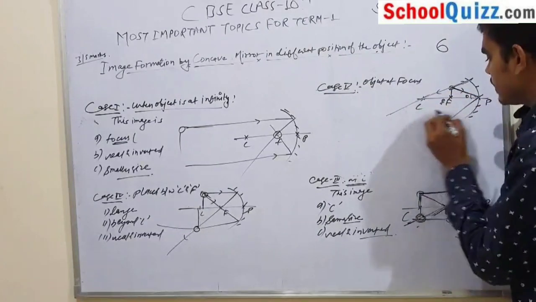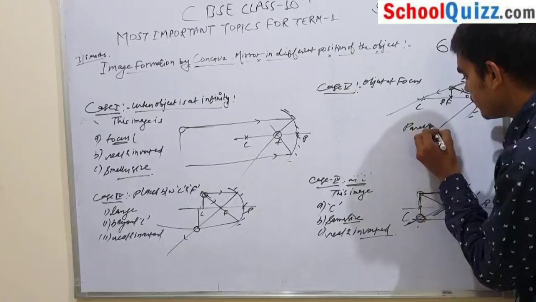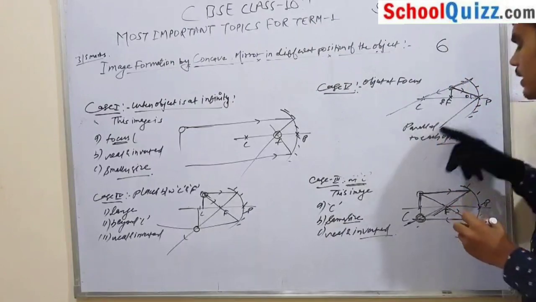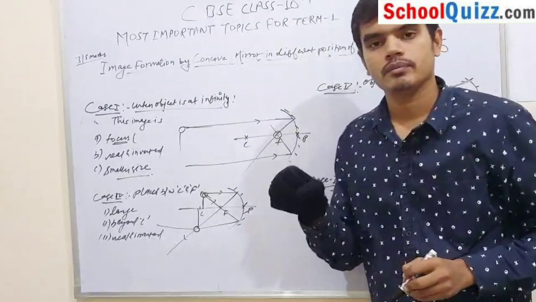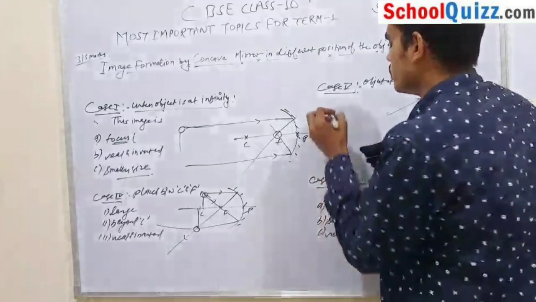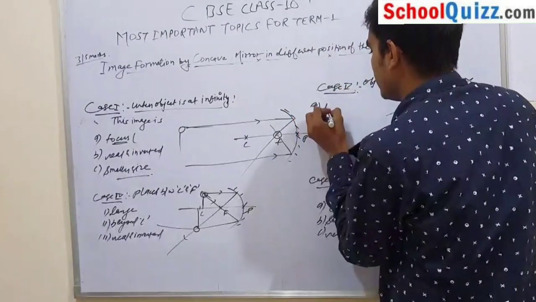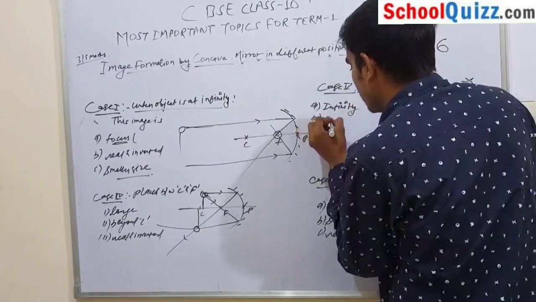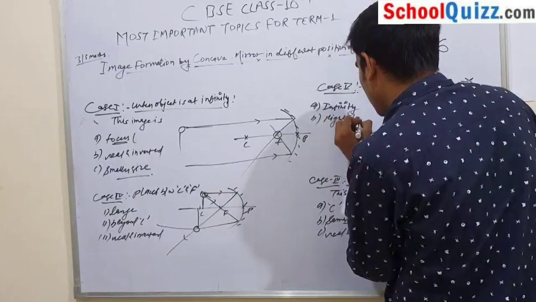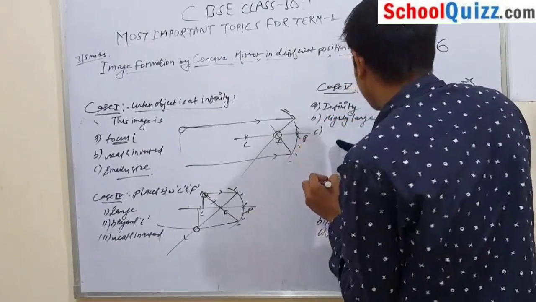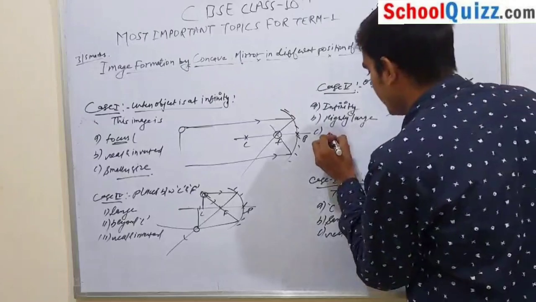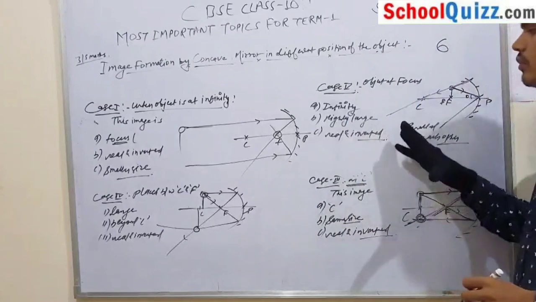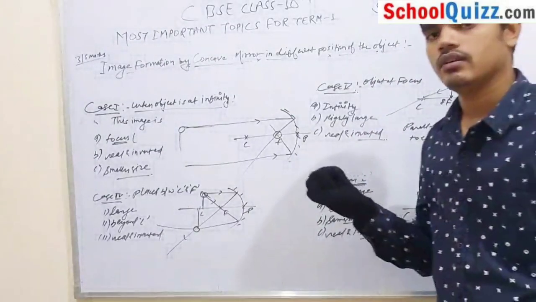Now these rays are parallel to each other, and we know that parallel rays meet at infinity, so the image will be produced at infinity, and the size of the image is highly enlarged. And the third point is that it is again real and inverted. This is all about case number 5, and our last case is case number 6.